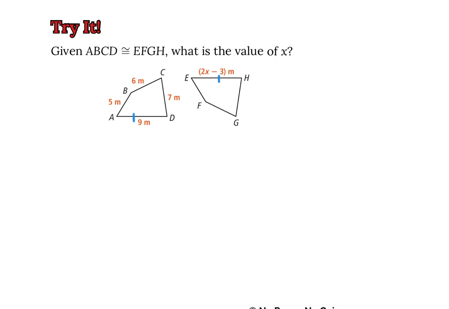So I can set my 9 equal to the 2x minus 3 and then solve. Here are my parentheses. Okay, add my 3 over. Divide by 2. So 6 would be x.